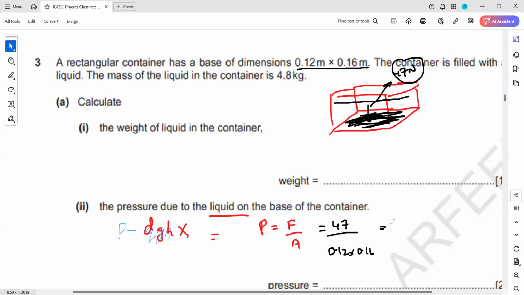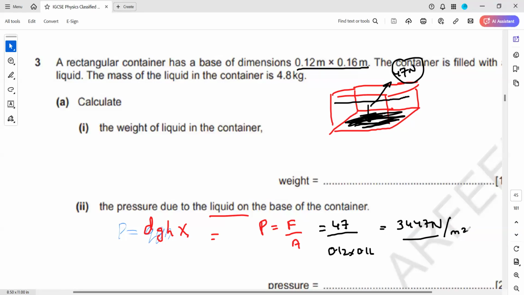So when you simplify, 47 divided by 0.12 times 0.16. 3,447 Newton per meter square.